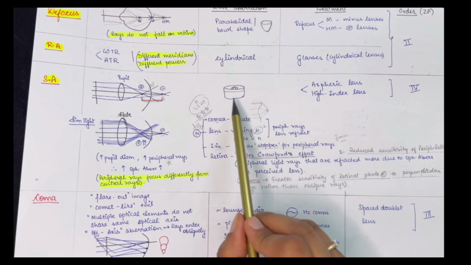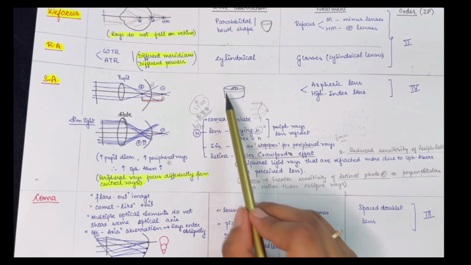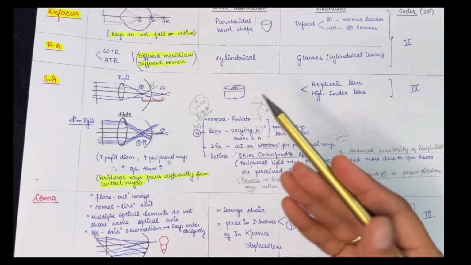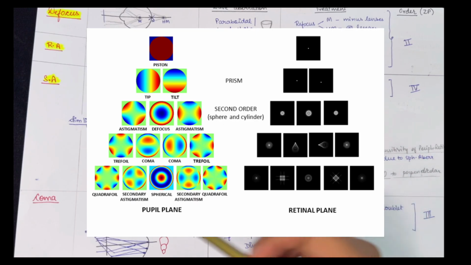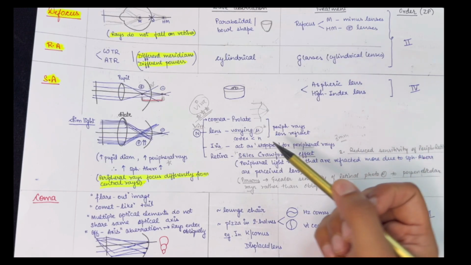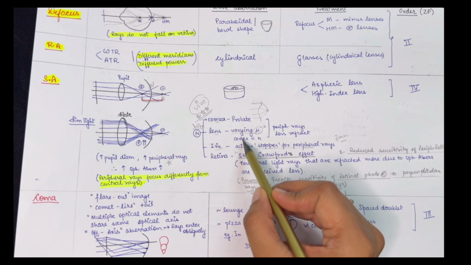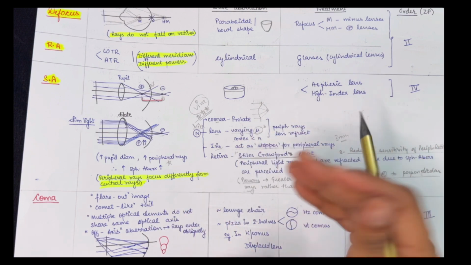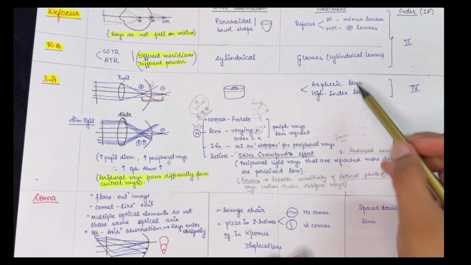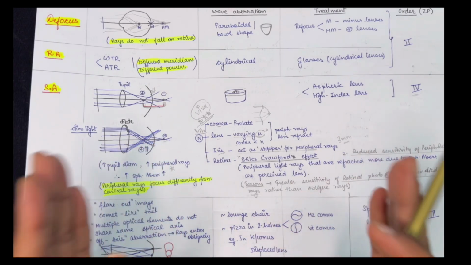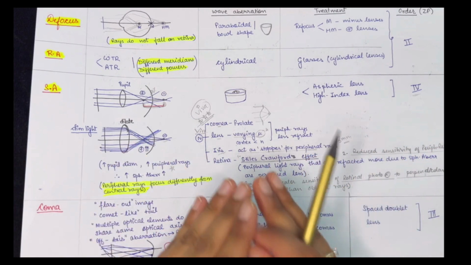So wave aberration is formed like this, you can see in this picture. So how will you treat it? You put aspheric lens, लेंस भी aspheric कर दो और high index lenses use करो, right? This is more than enough that you should know about spherical aberrations.